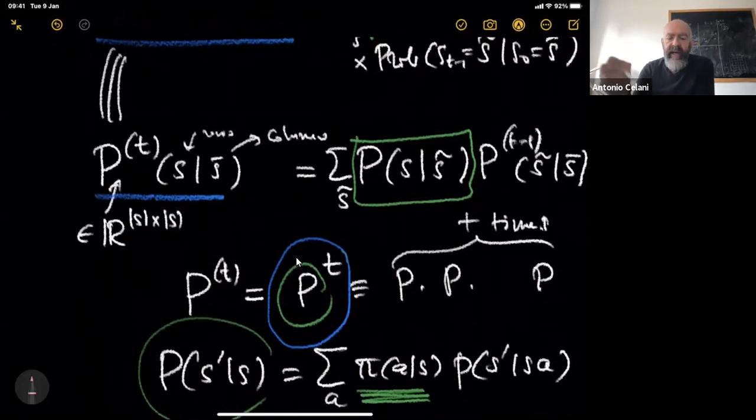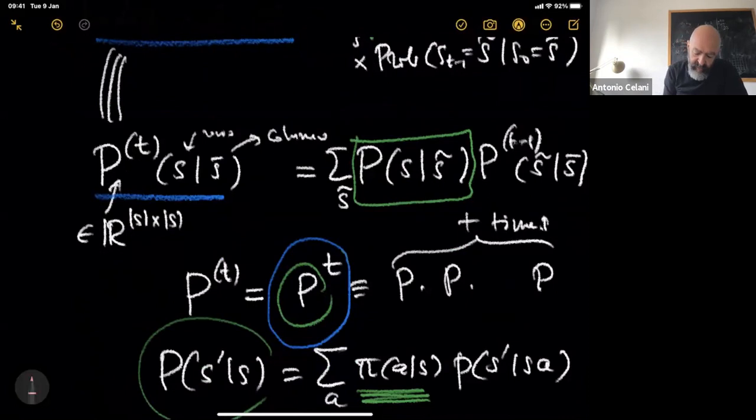If I iterate this unfolding over the last step and I repeat that again, this means that seen as a matrix, my transition probability P is a matrix in which I have here the starting state and here the arrival state.